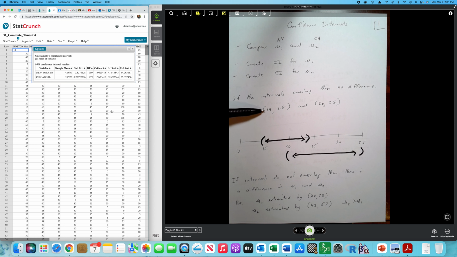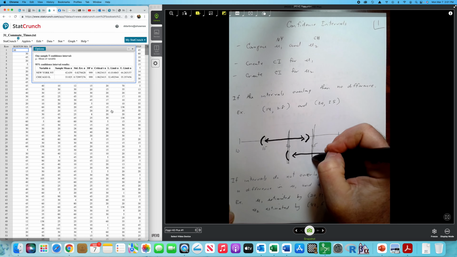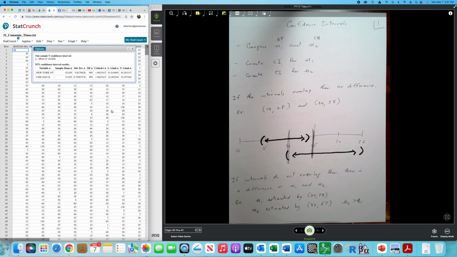If I have a confidence interval that runs from 14 to 28 and from 20 to 35, you can see that there is a segment right here where the intervals overlap. Well, in that case, I would assume that there's no difference in mu1 and mu2. However, if the intervals don't overlap, then we conclude there is a difference in mu1 and mu2.